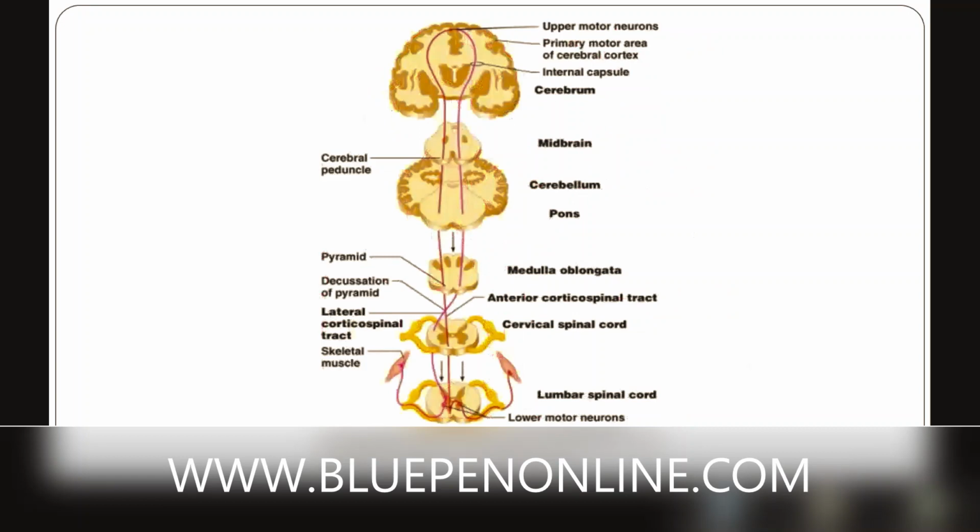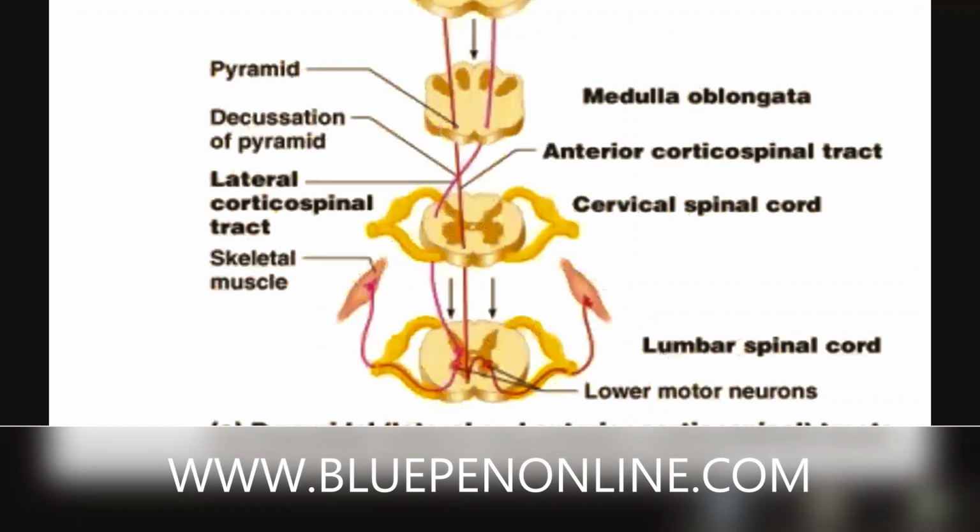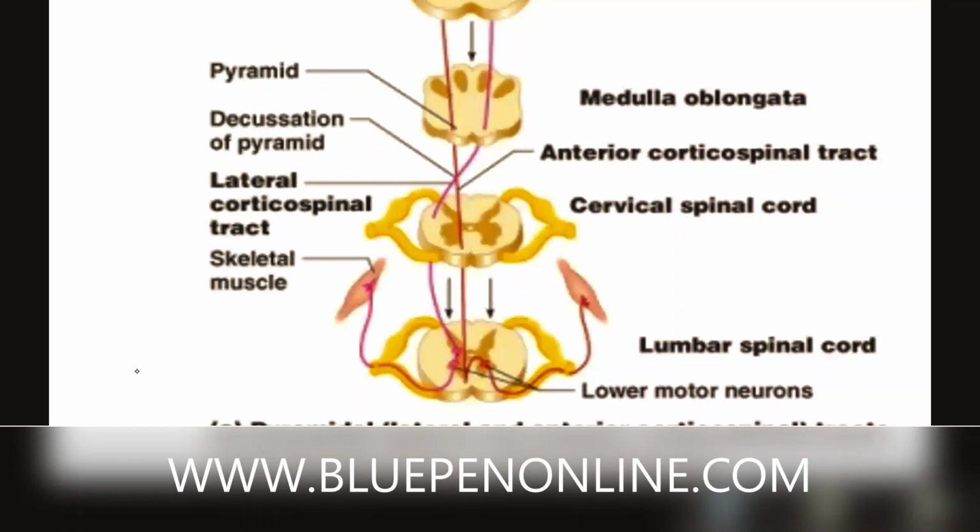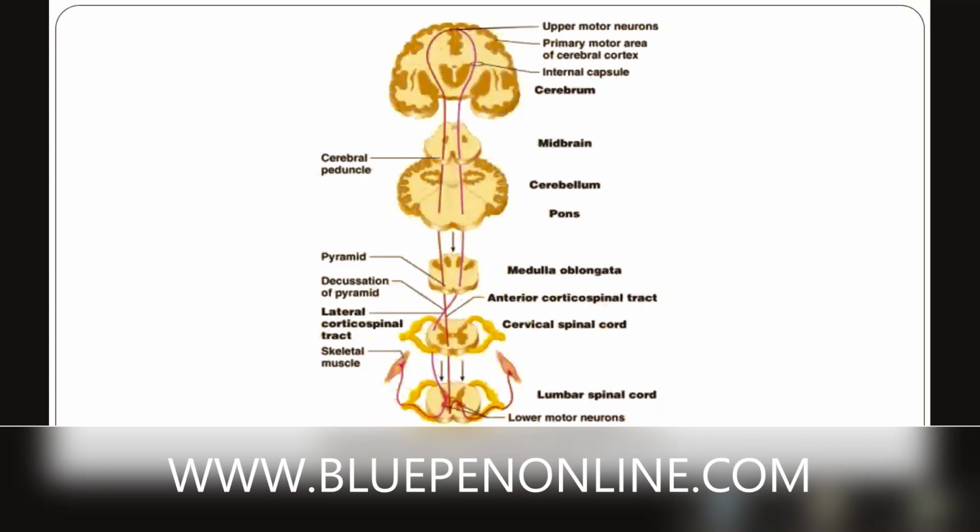The crossed ones will pass through the same side, and the uncrossed ones will pass to the opposite side and move along with their 80% counterpart. So this much about the pyramidal tract. They mostly control the movements of skeletal muscles, and they are involved in control and coordination of the voluntary and skilled actions in our body.